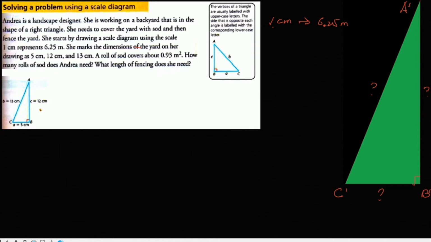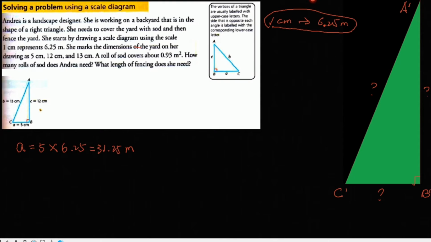Okay, so let's get started. So we know this scale factor: 1 centimeter represents 6.25 meters. First we calculate the real A. A equals 5 centimeters, and each centimeter represents 6.25, so 5 times 6.25 equals 31.25 meters.